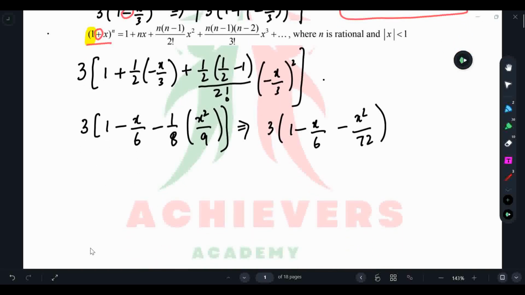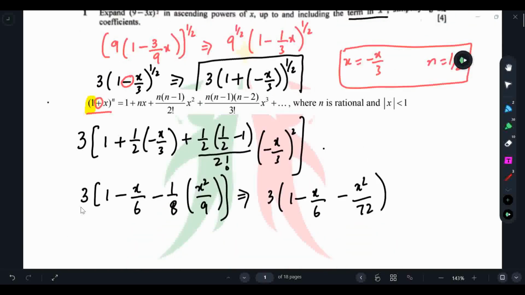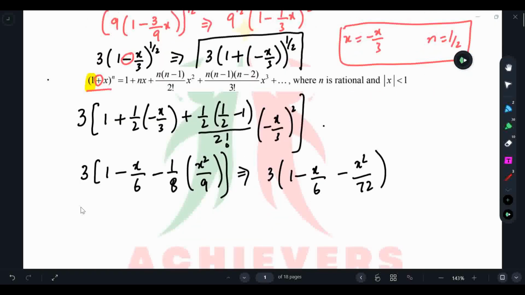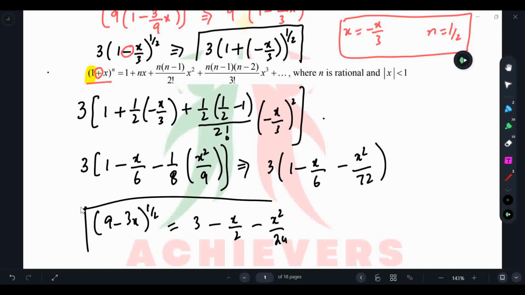Now if we multiply 3 with this, we can finally write it as: 9 minus 3x whole power 1 by 2 will be equal to 3 minus x by 2 minus x squared by 24. So this will be the final answer, and we can clearly see the coefficients of each term. I hope that the concept is clear.